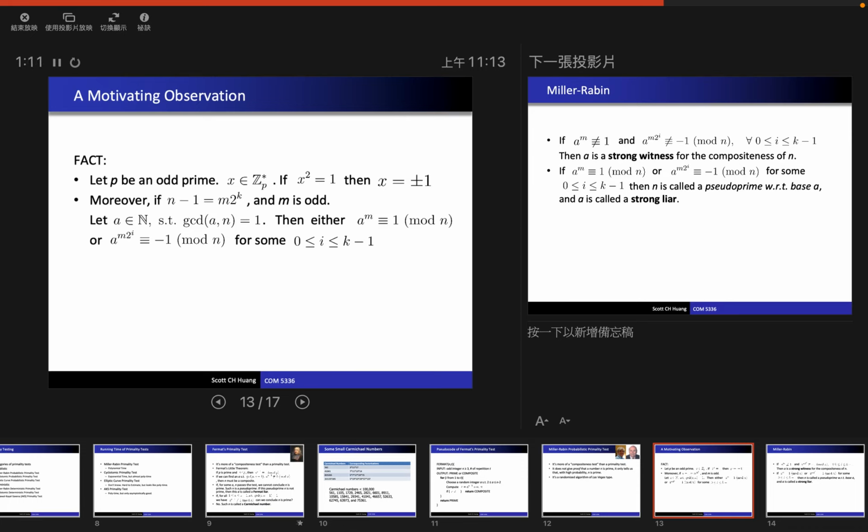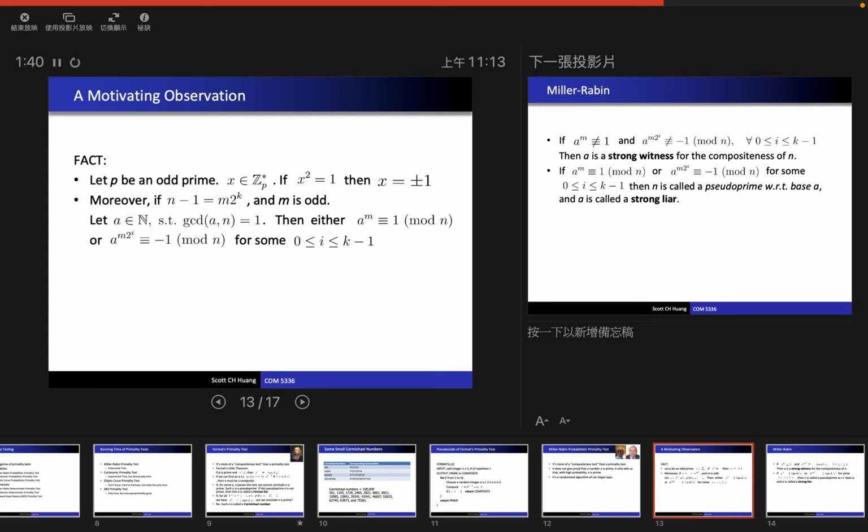That's the easiest thing, and this already gives us really good information about whether n is prime. If p is prime, and we're trying to find the square root of 1, then obviously we have two square roots, plus minus 1. No problem.